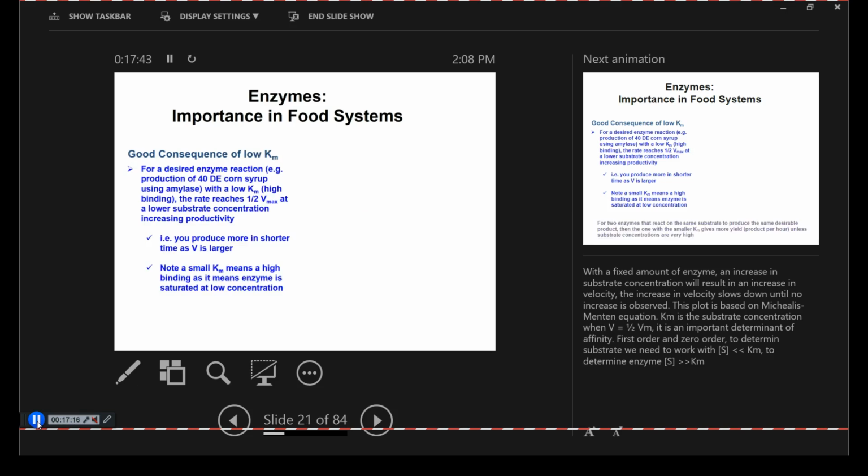All right, so what are the good consequences and bad consequences of a low Km? In a food application, a low Km is desirable when we are producing a product using enzymes. So if I want to produce a 40-DE corn syrup, I need high efficiency for production. So I need to get an enzyme and substrate combination where Km is low.